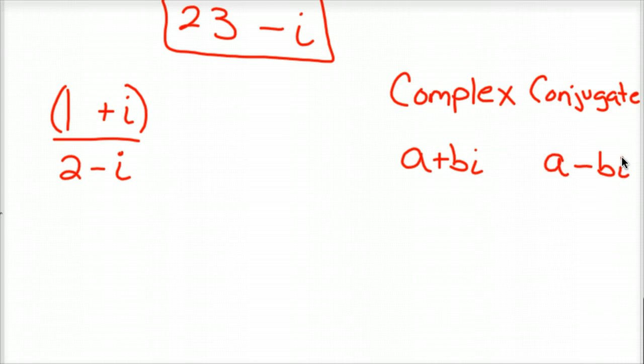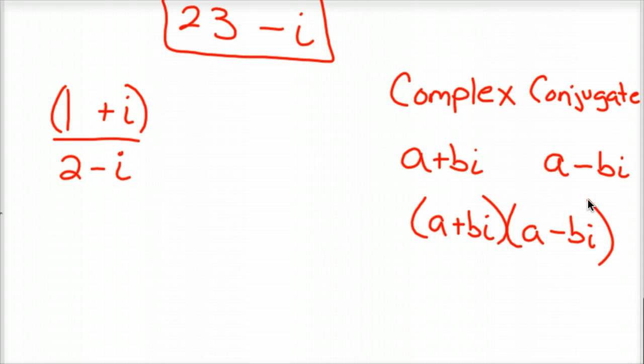What's kind of cool is if you multiply complex conjugates, a + bi and a - bi, the imaginary part is going to disappear. It is now going to be a real number when we're done, which is a kind of a beautiful thing.